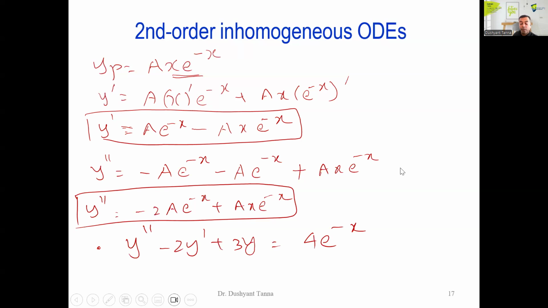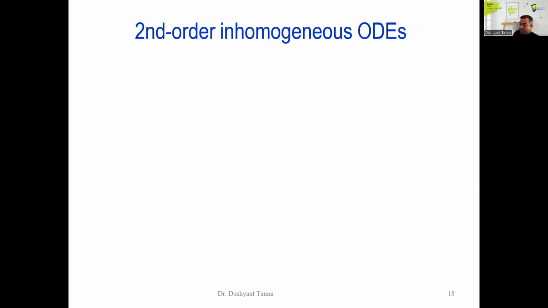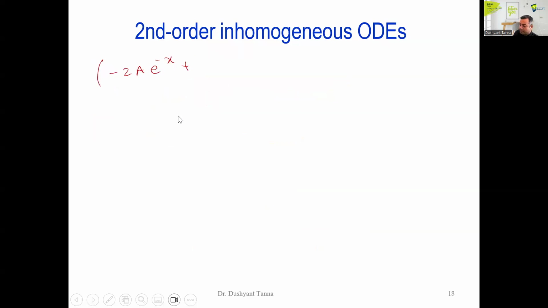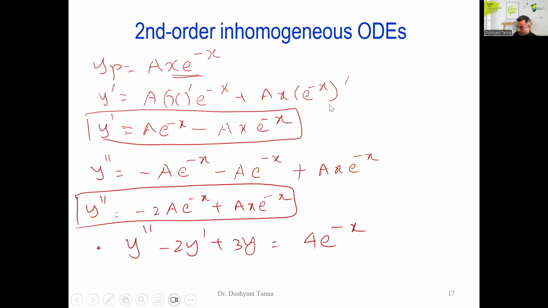Again, be ultra careful when you do it. Okay. Y double dash. So we will have minus 2a e raised to minus x plus ax e raised to minus x. That's our y double dash, minus 2 times y dash. What is our y dash?